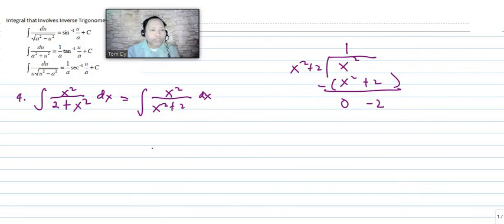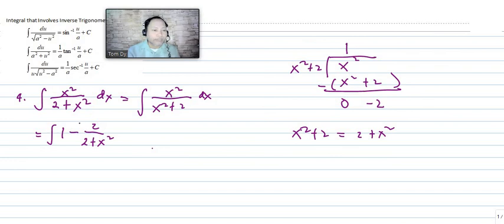Therefore, after we divide, that is equivalent to the integral of 1 minus 2 over this denominator. I will write it as 2 plus x squared. Take note, x squared plus 2 is equivalent to 2 plus x squared.